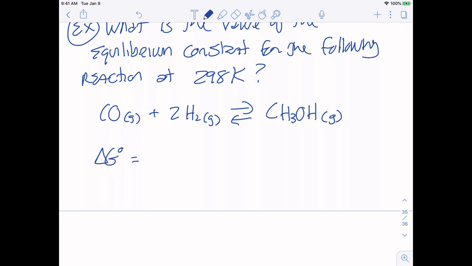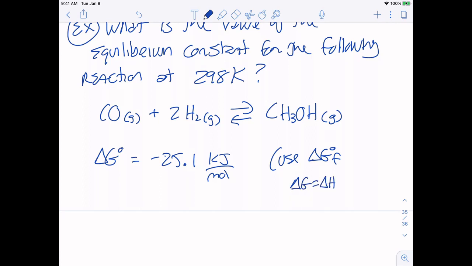Again, it could be a problem where I don't actually give you that value and you have to solve for that value. So you could do that a couple different ways depending on how I design the problem, but we could use delta G of formation, our Gibbs free energy of formation. We did a problem like that. You could also use, if I wanted to be a real jerk, this formula, and then we have to solve for those using my heats of formation and my standard molar entropies.